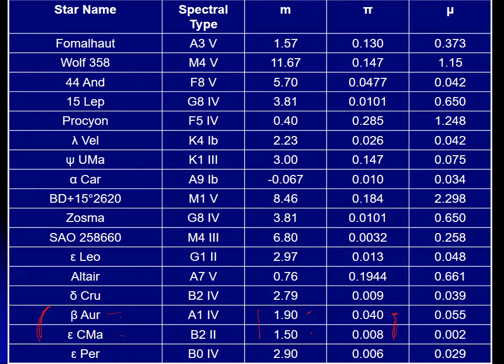Remember that distance is 1 divided by parallax. And so that means it's a much closer star, but it's actually a tiny bit dimmer than the other star. So what we want to know is, what's the actual difference in these stars?